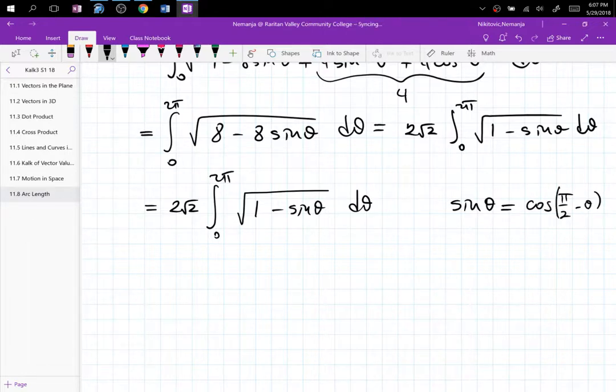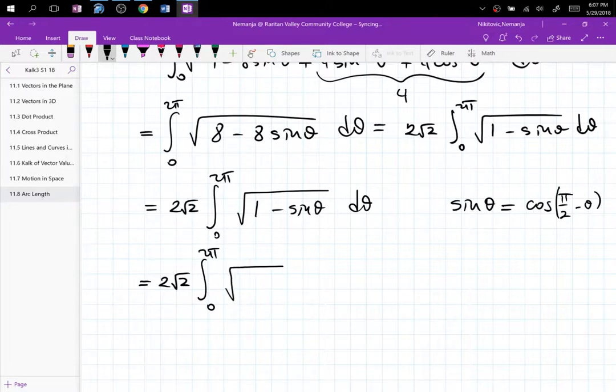That's the identity. I googled it, and it said that root of 1 minus sine x is cosine x over 2 minus sine x over 2, or in this case theta. I don't know if that helps, but it can be done this way. So let's pursue this first.